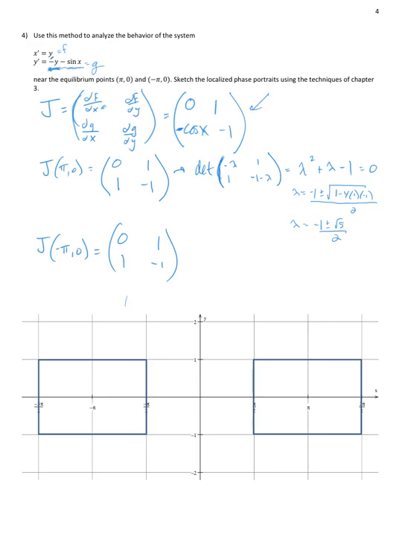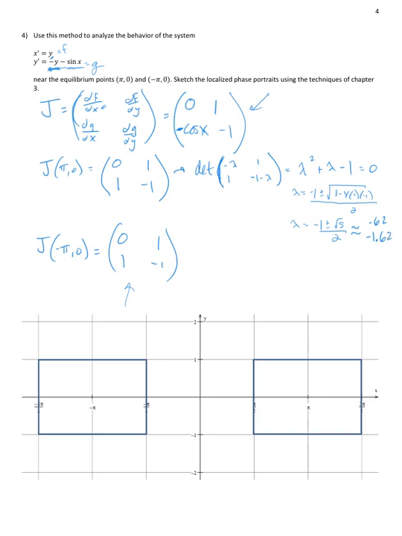I'm going to get the same eigenvalues for this one. I'm just going to get approximate values for this because it'll be handy to have them. And we get 0.62 and negative 1.62.